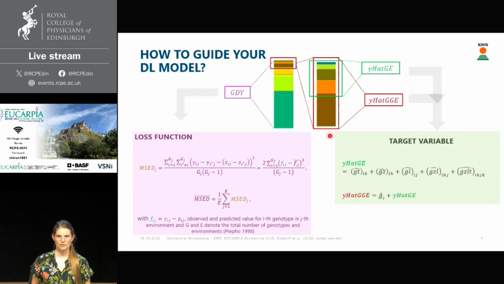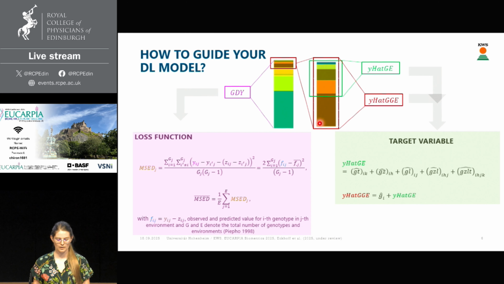So the default in a DL or ML model would probably be the mean squared error or the mean absolute error. And what that means is that your model would optimize for minimizing the residual between the true and predicted yield observation.